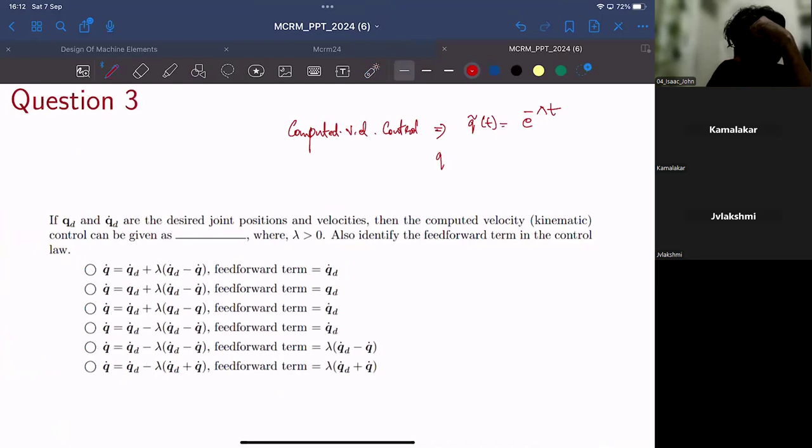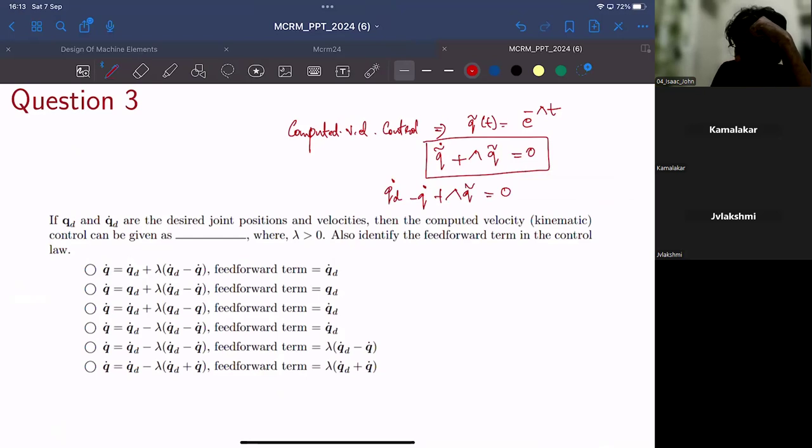Or in other words, q tilde dot plus lambda q tilde should be 0. Or if you substitute the relevant values, q_d dot minus q dot plus lambda q tilde will be 0.